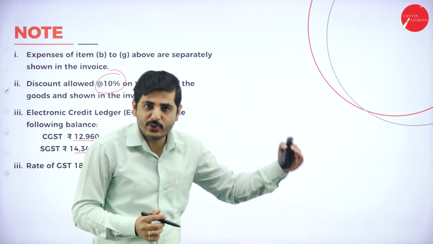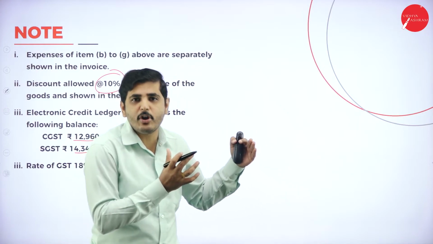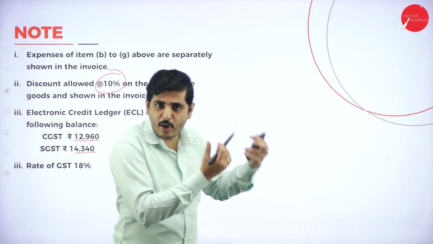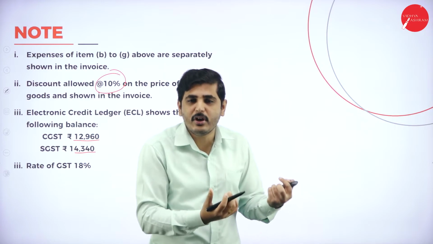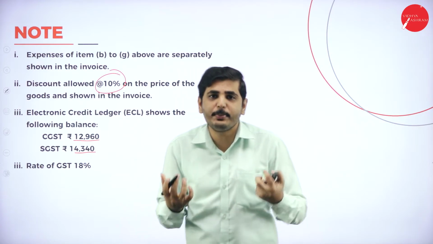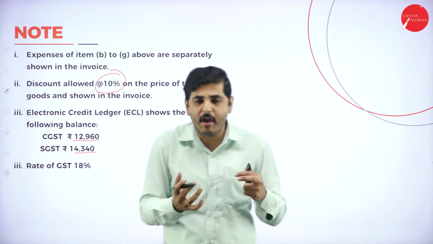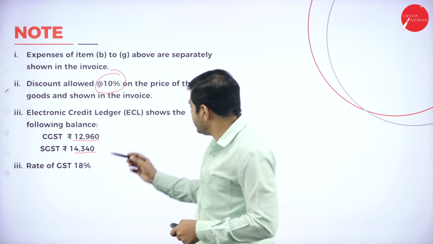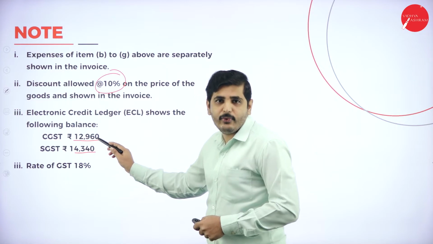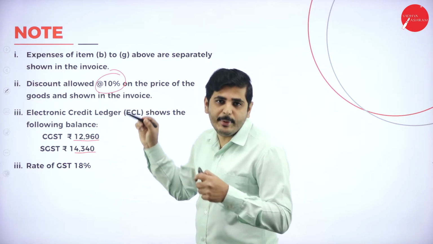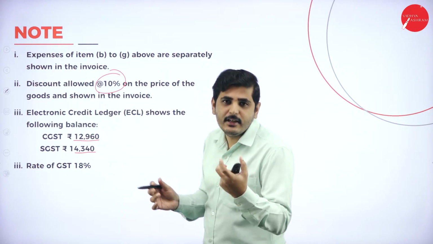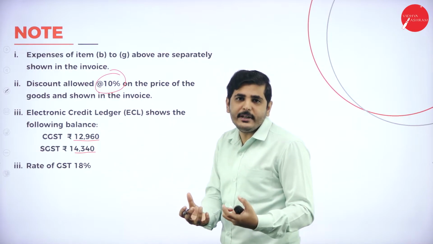See, to produce any products, we have already used some raw materials. We have purchased the raw materials, and the capital goods or machinery, plant and machinery, to produce the goods. While purchasing, we already paid some tax. This is the tax we have paid while purchasing the raw materials and inputs. Inputs means the raw materials we purchased to produce the product.